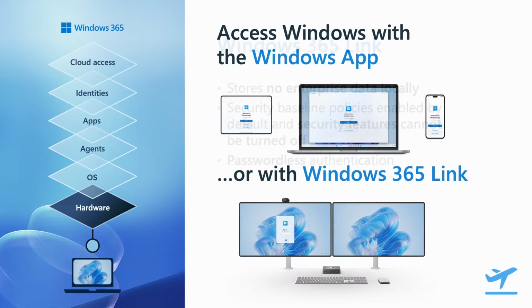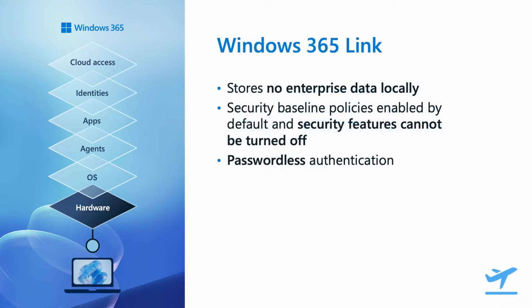That's it. This Windows 365 Link is built with security in mind. Like I mentioned, its only purpose is to sign in the user and connect them to the Cloud PC, and that's it. So there's no data being stored locally. All of the various security measures that we bring into Windows on this device are enabled by default, can't be turned off.